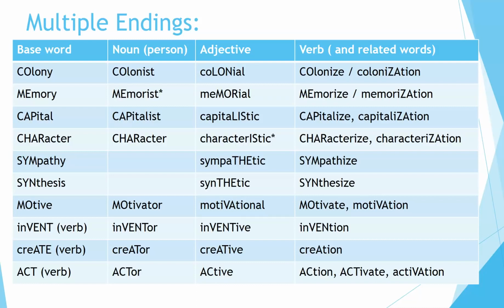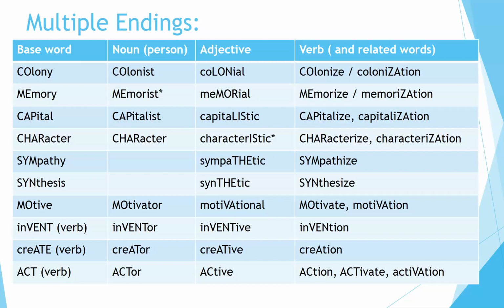The other ones above were nouns. Inventor, inventive, invention. Create. Again, this one is also a verb. Creator, creative, creation. Act. We have a one-syllable word here, which is also a verb. Actor, active, action. Activate, activation.